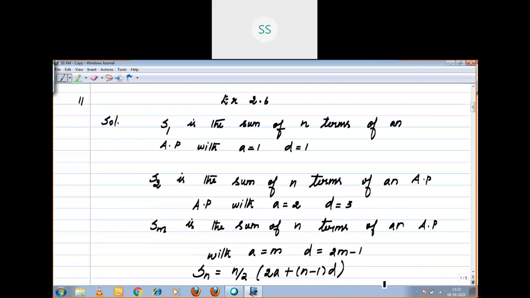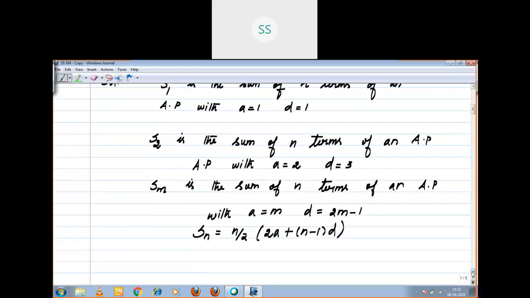Here the first one is one AP, the second one is another AP, the third one is another AP, right? So now for that, S1 equals the sum of n terms.